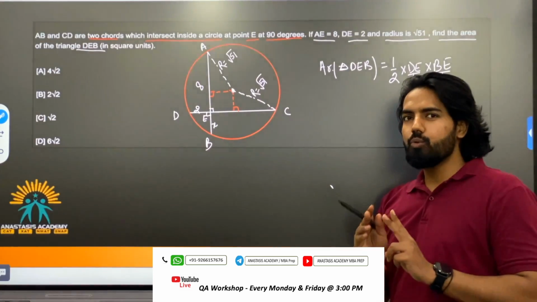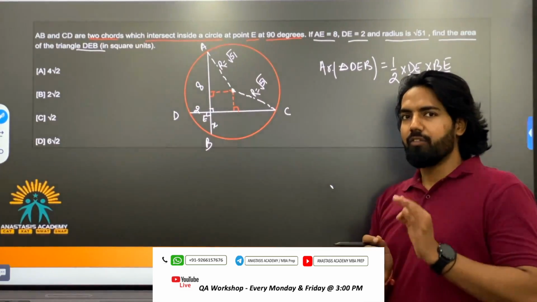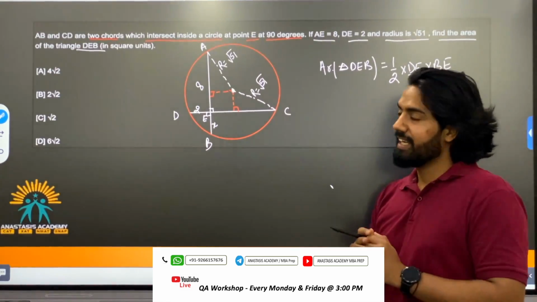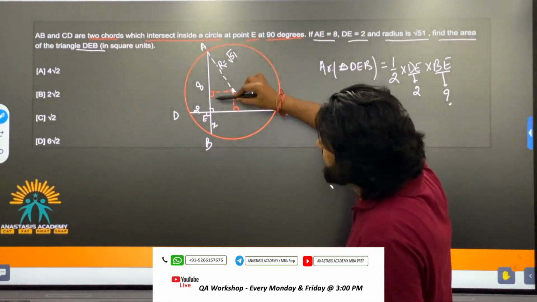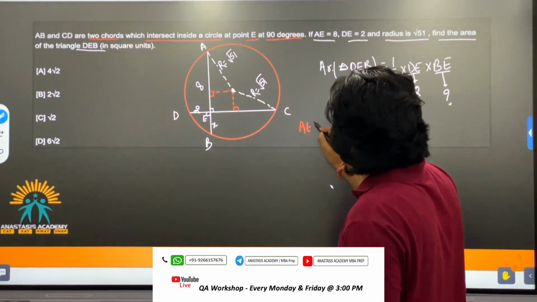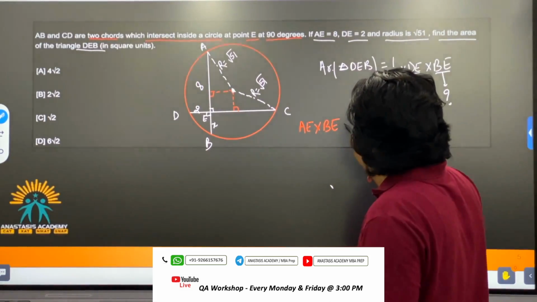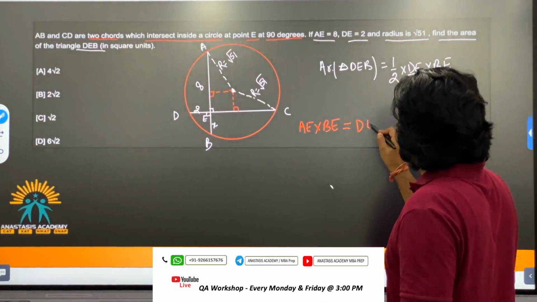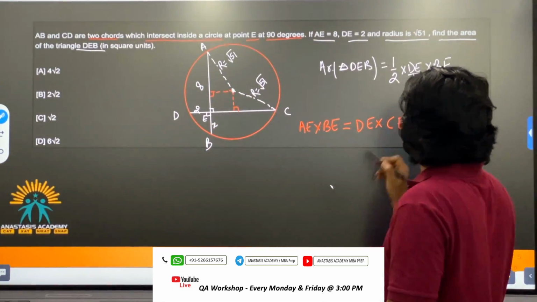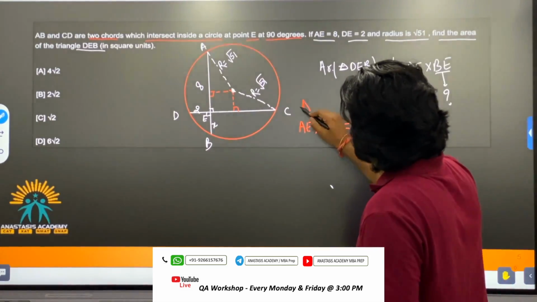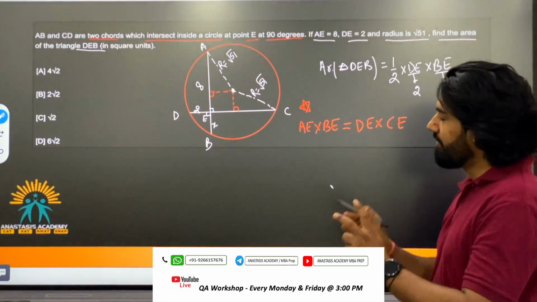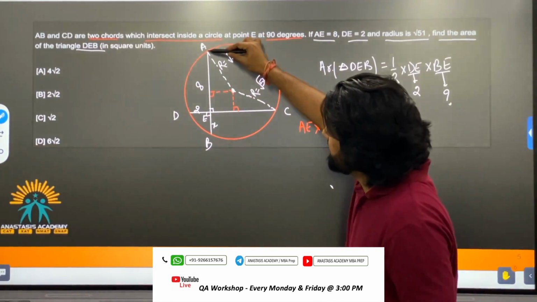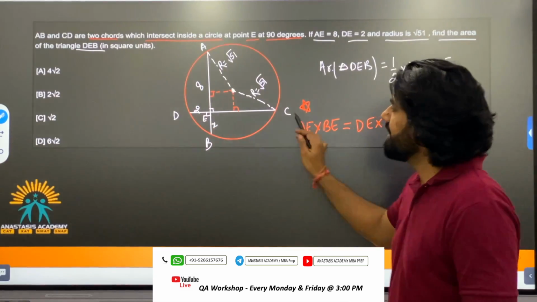Now, because two chords are intersecting, we use a very important property: whenever two chords intersect inside a circle, the product AE into BE is equal to DE into CE.